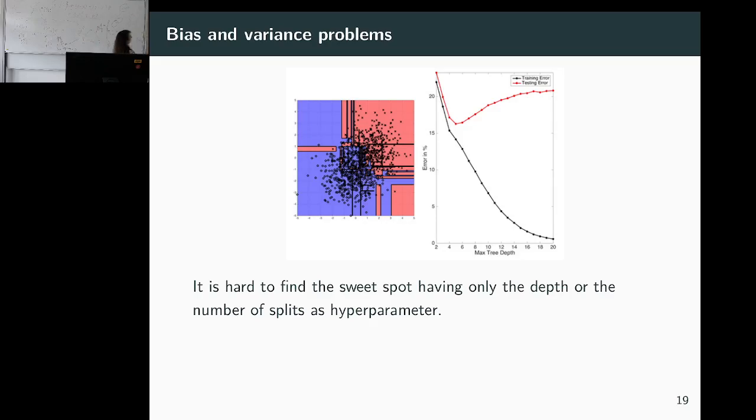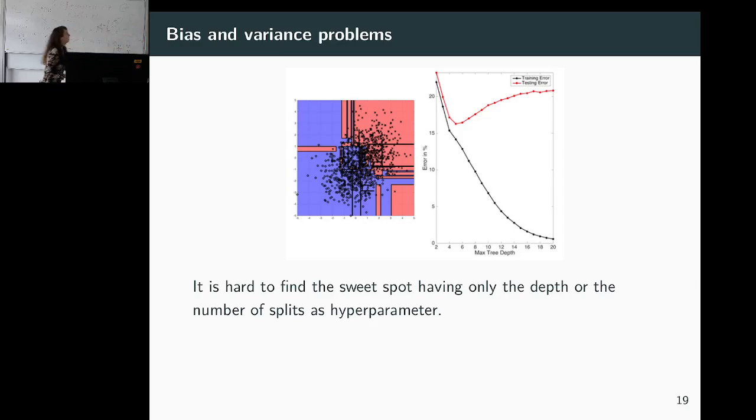It's really hard for a decision tree to vary only one parameter and get the right results. It's often possible that even if we explore the whole range of depths and numbers of splits, the actual result will not be there, because it will be something in between, and we cannot reach it because we only go in discrete steps.